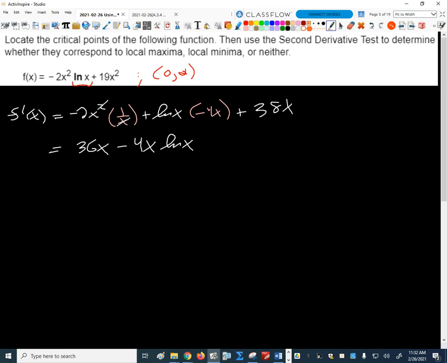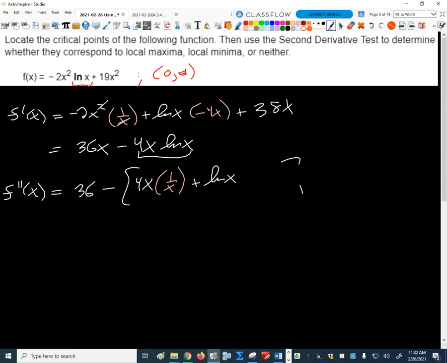Okay, what about my second derivative? So I'm getting 36 minus whatever I get from that product. So 4x times the derivative of log x, which we just were reminded is 1 over x, plus log x times the derivative of 4x, which is 4.